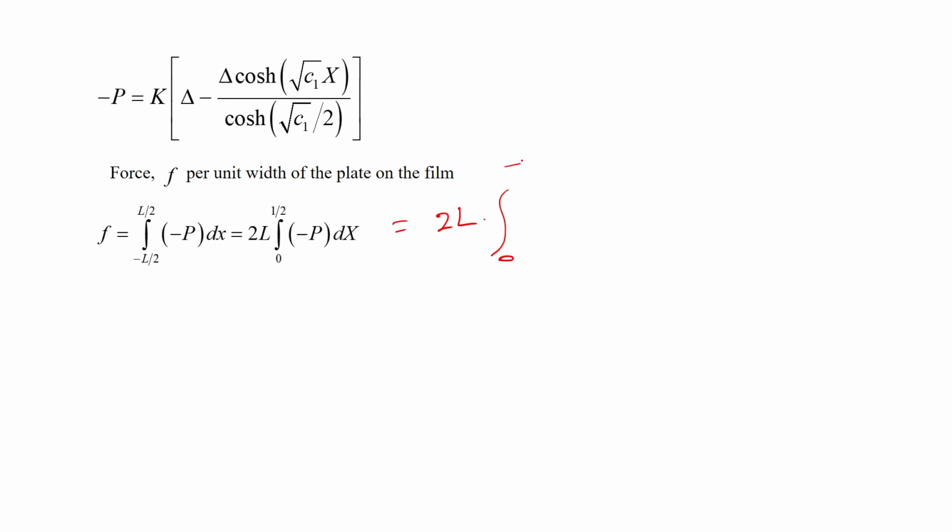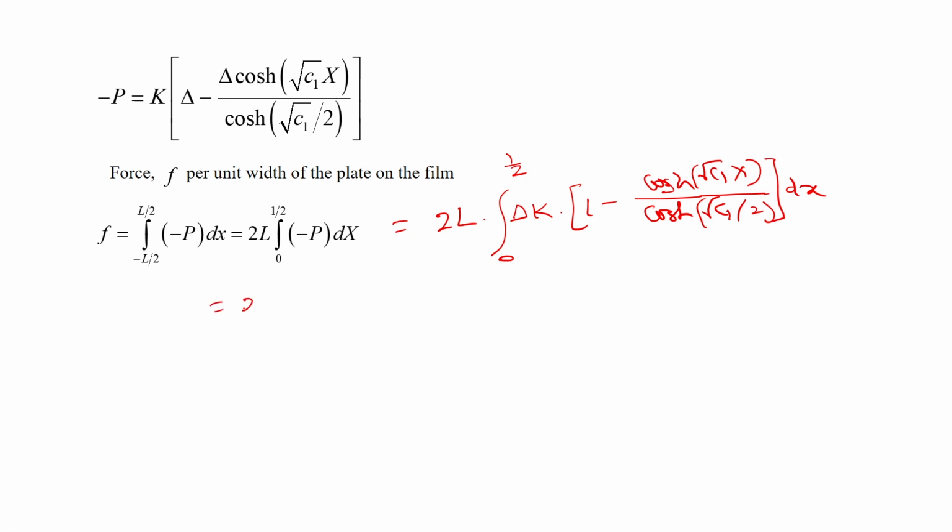So, 0 to 1 by 2 and minus P. It is capital K into delta. Let me take delta out here, and 1 minus cos hyperbolic square root of C1 into x by cos hyperbolic square root of C1 by 2 into d of x.